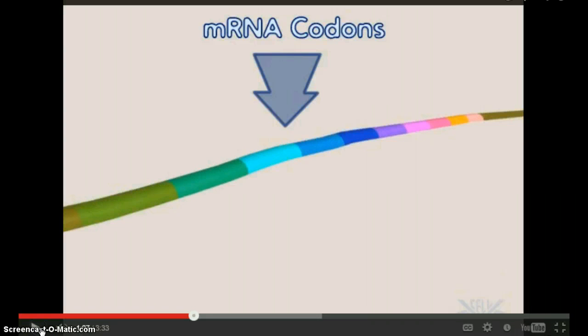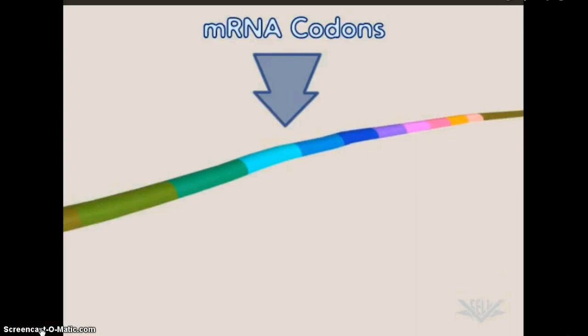Okay, so let me talk a little bit about these mRNA codons. These are simply 3 base pairs of mRNA. So it's read in 3 letters, all of the mRNA, and we call those 3 letters codons.